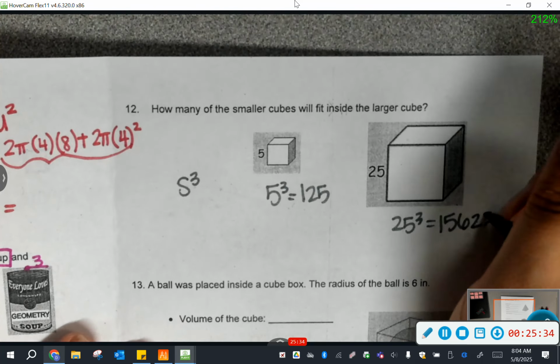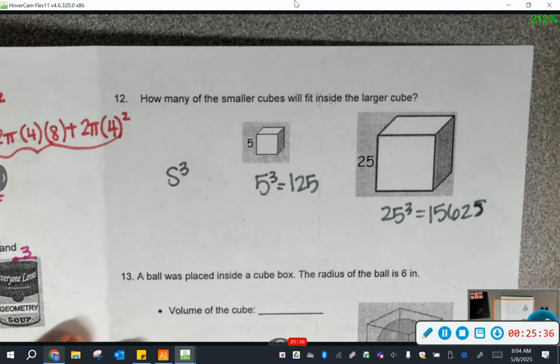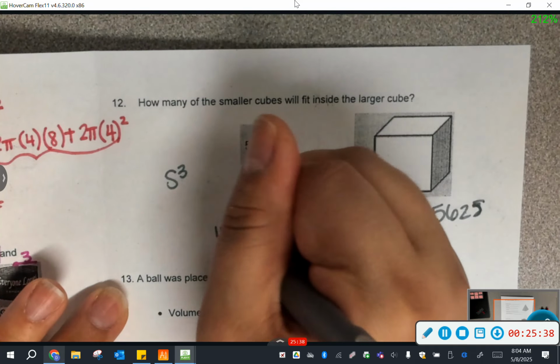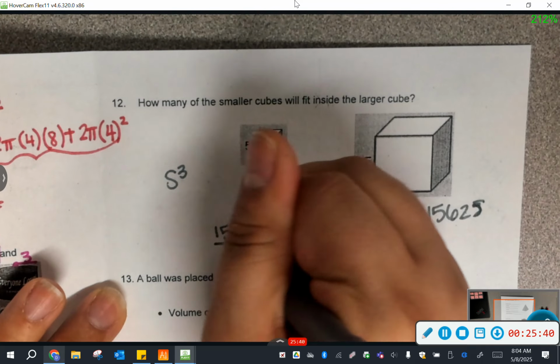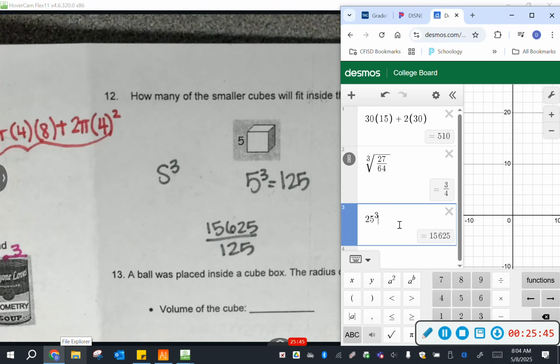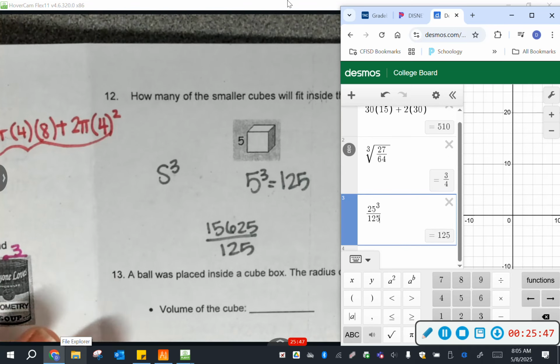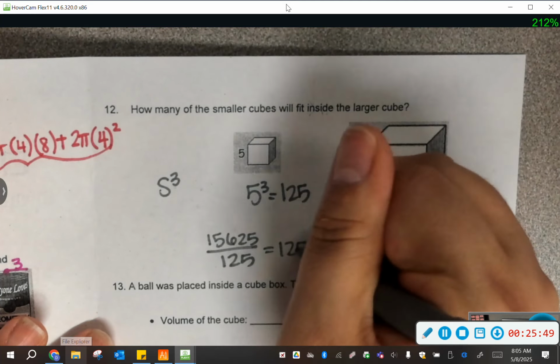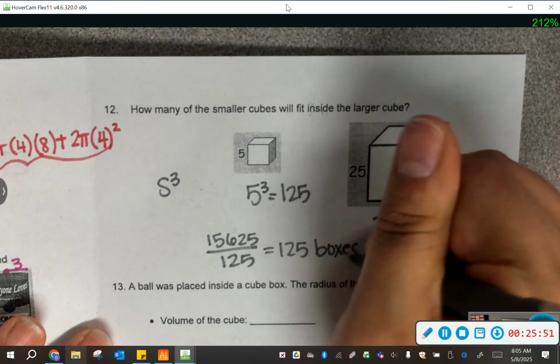How do I figure out how many can fit in here? Divide them. 15,625 divided by 125 is 125 boxes can fit inside.